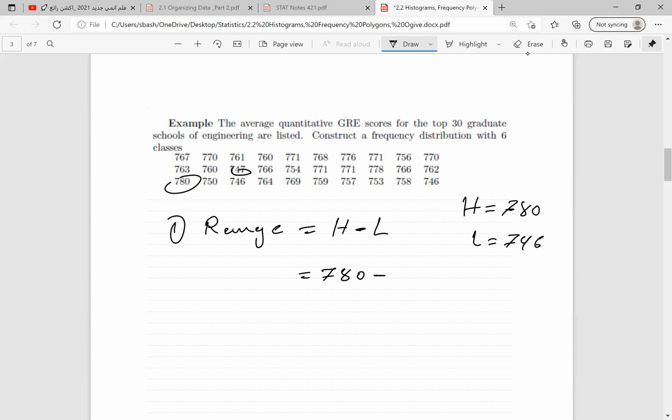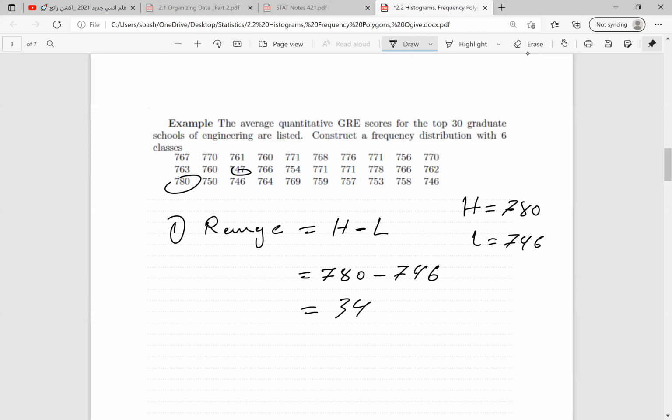So the range will be the difference between 780 minus 746, which is equal to 34. So the range for this data equals 34.